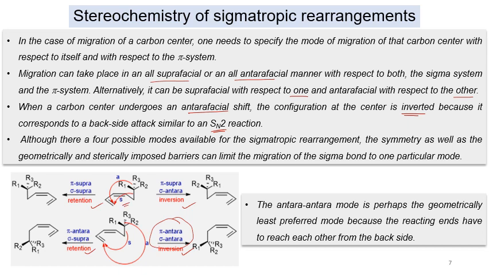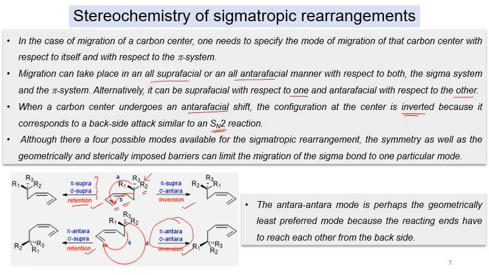So what's happening here is with respect to this particular system, it is suprafacial. With respect to this pi system, it is suprafacial. Therefore, in the first case, you will have retention at this particular carbon. In the second case, the pi system is suprafacial, but the sigma system now reacts from the back.